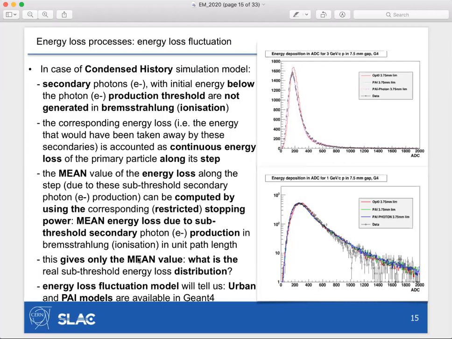If you turn off fluctuation, you will get a delta peak here. If you turn it back on, you will get this nice distribution that we also got when we tried our final version of this application in January.